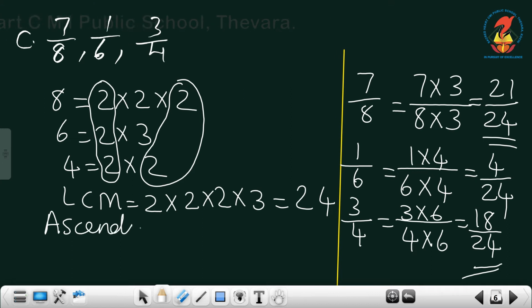Ascending order is from smaller to bigger. Which one do I need to write first? First one is 4 by 24. Okay, and 4 by 24 is which fraction only? 1 by 6.